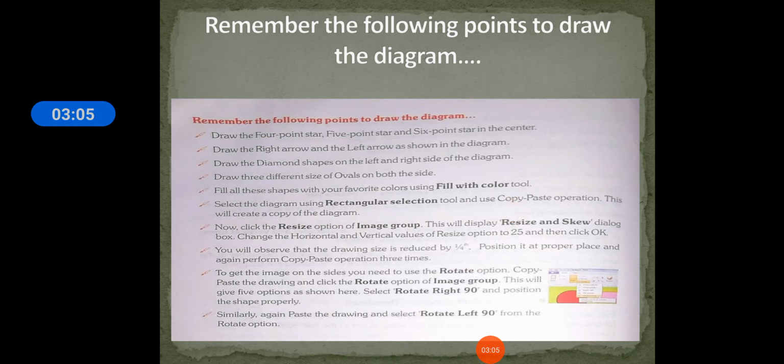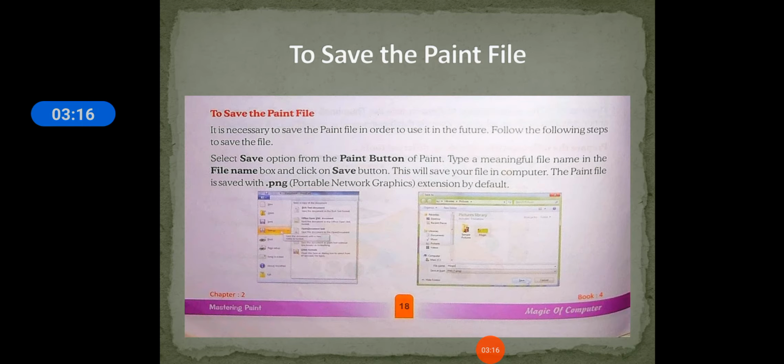You can also use the rotate options to rotate the picture here. All the things we have discussed in the live class are given here. But you have to remember these points while drawing the picture.